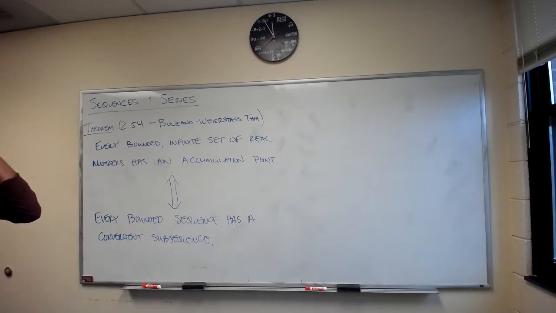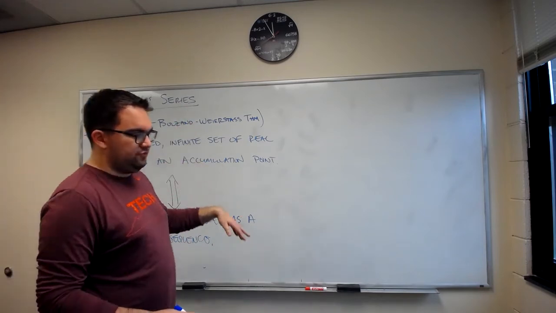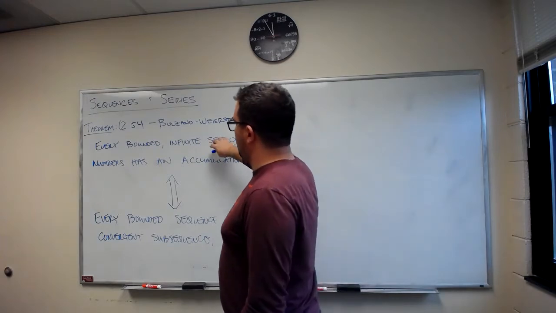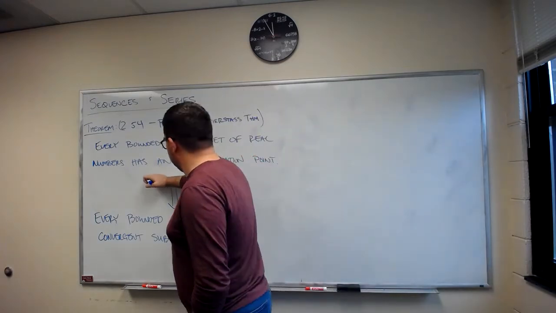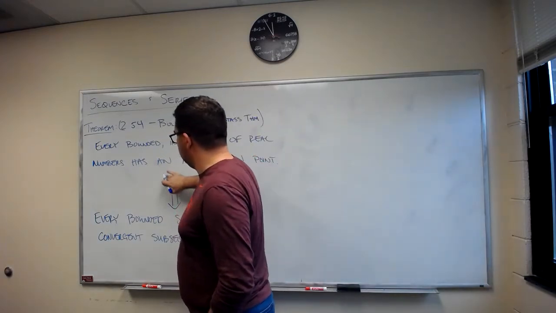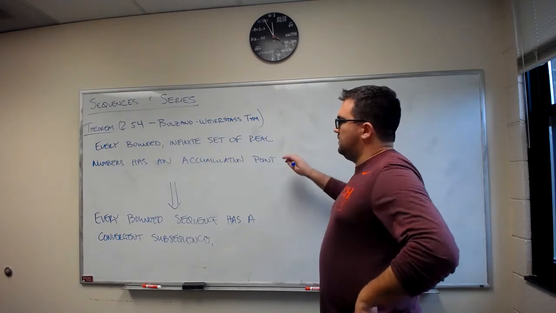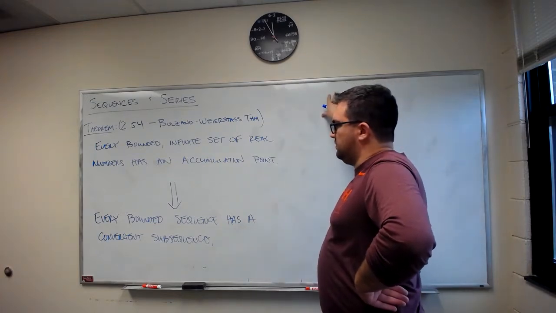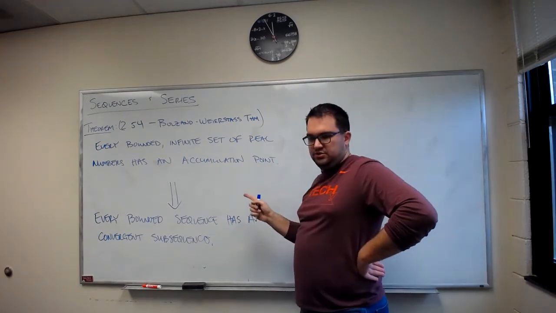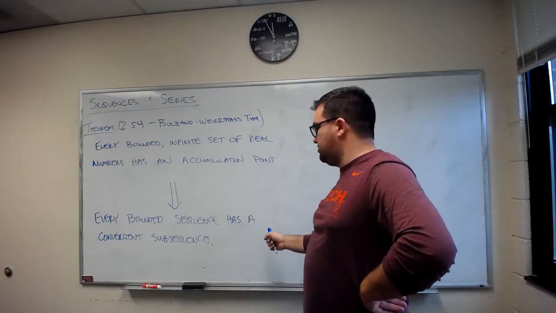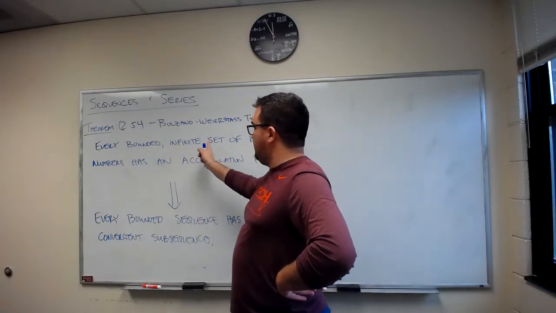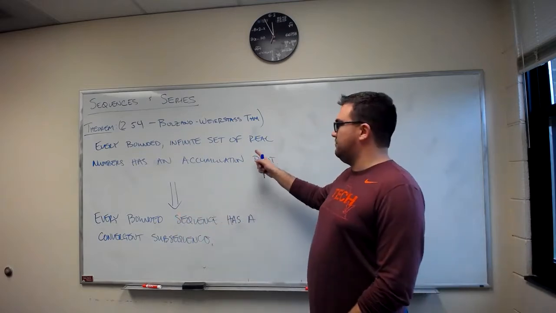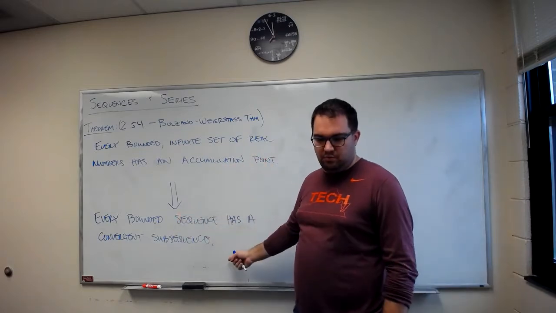Okay. And so I want to first just point out that these really are sort of saying the same thing. Or actually, what I really should say is that the first one implies this. So if I take a bounded infinite set of real numbers, this theorem says it has an accumulation point. Well, if it has an accumulation point, then I should be able to take elements of this set and construct a sequence which converges to that accumulation point.